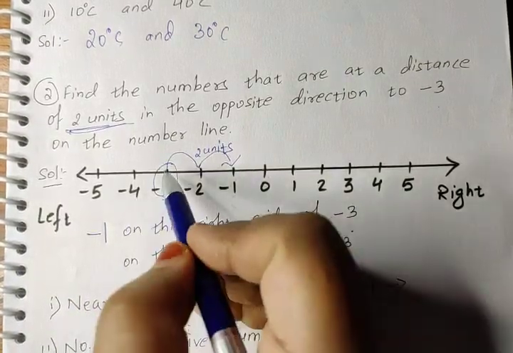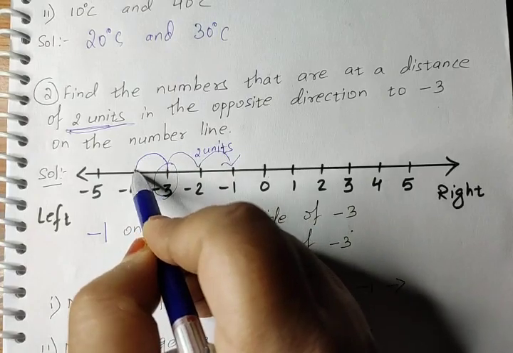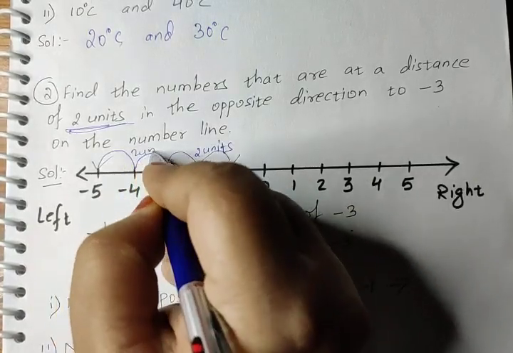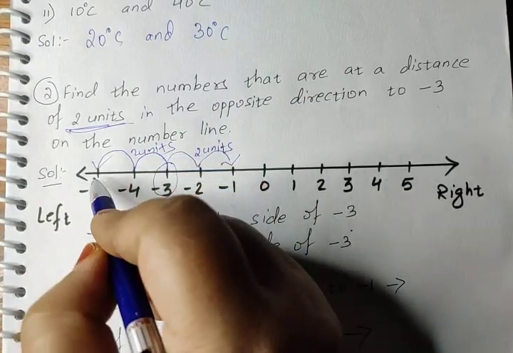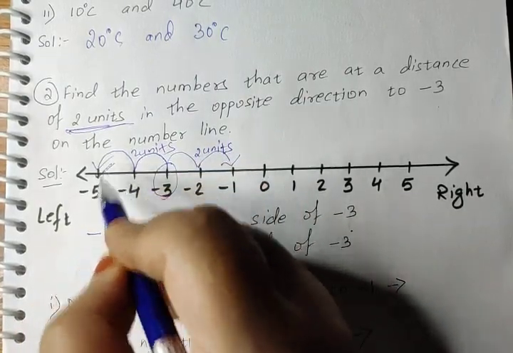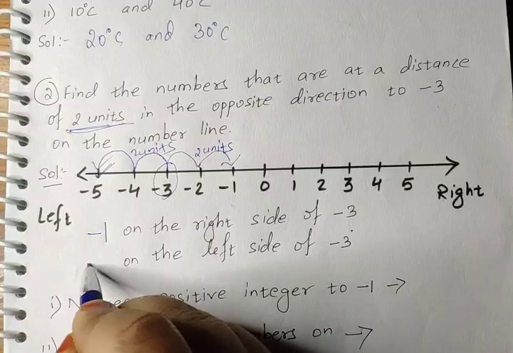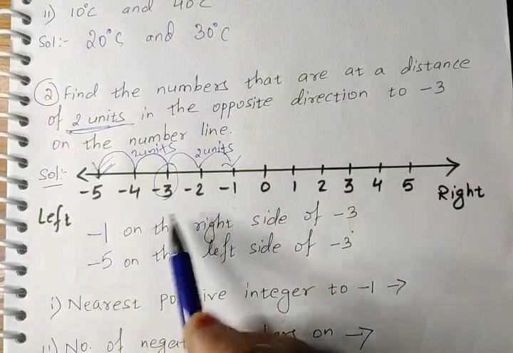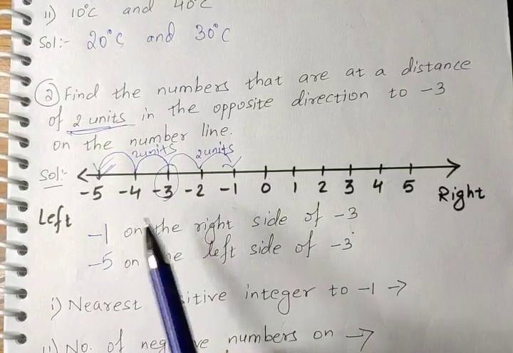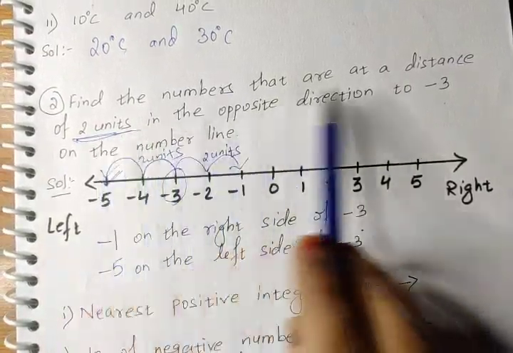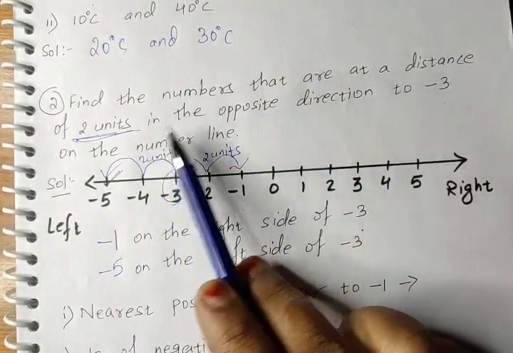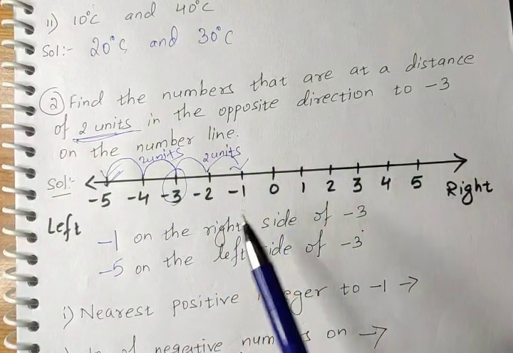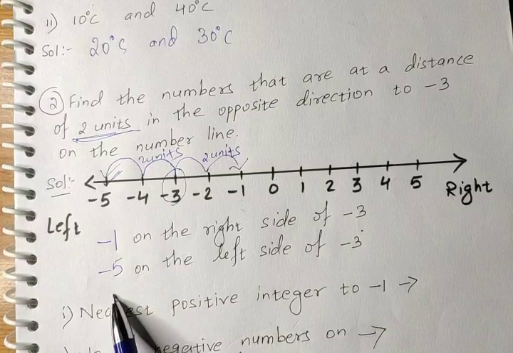Now on the left side, we will move 2 units. 1, 2 units. Which number do we get? Minus 5. So the numbers at a distance of 2 units in the opposite direction of minus 3 are minus 1 and minus 5.